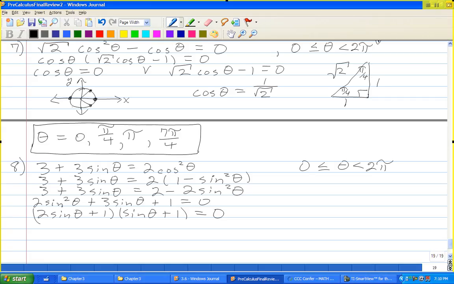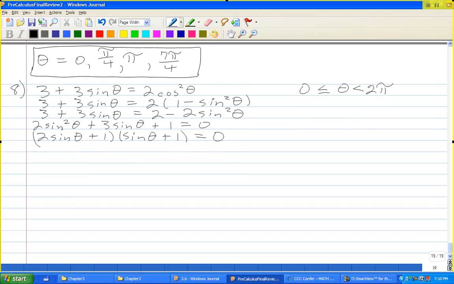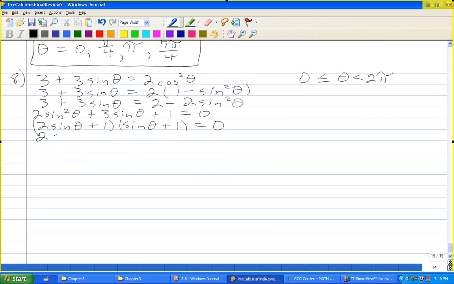Setting each factor to 0. Subtracting 1, dividing by 2, subtracting 1.